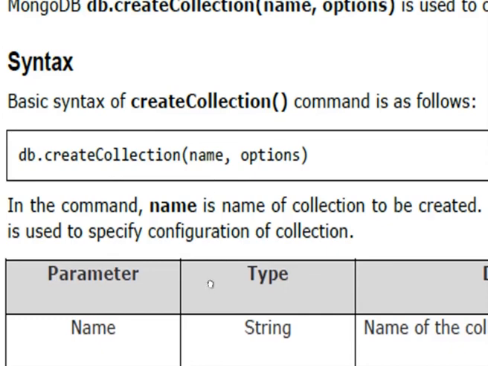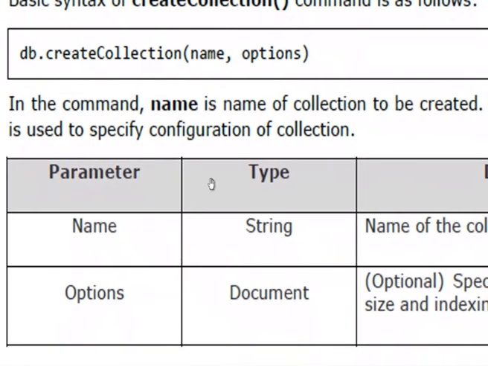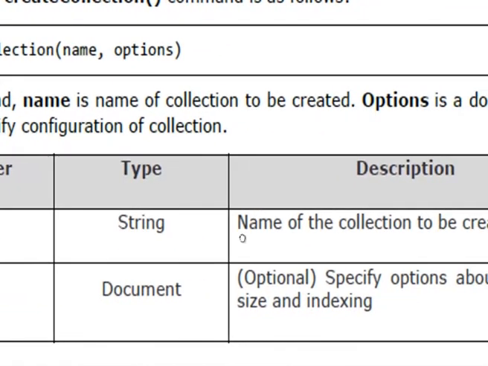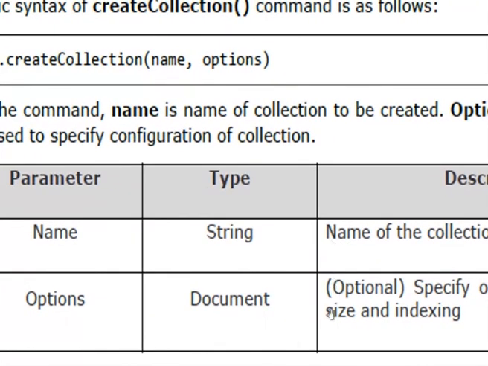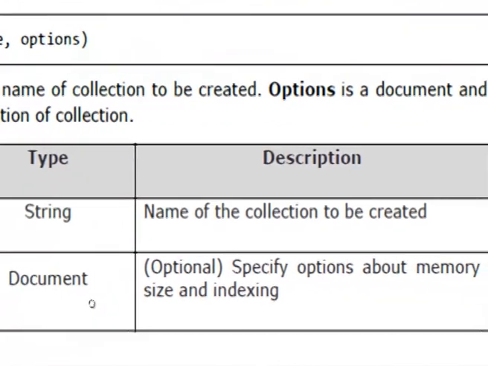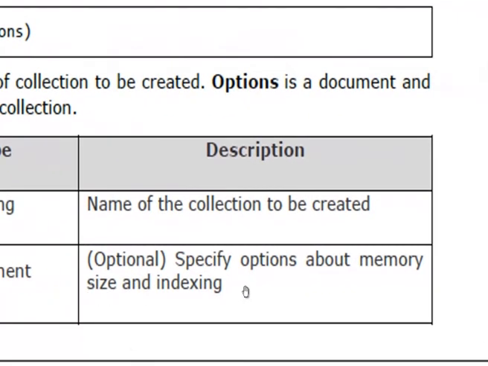Here name is a parameter of type string, and it indicates the name of the collection which you are trying to create. Options is of type document, it is an optional parameter, and it specifies the options about memory size and indexing.